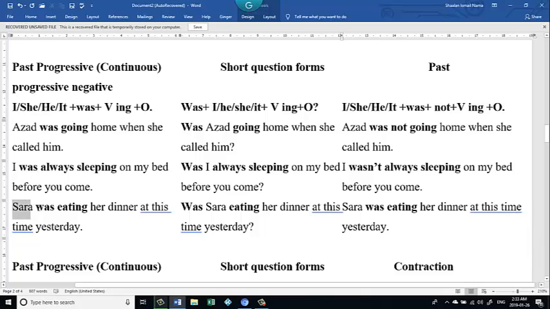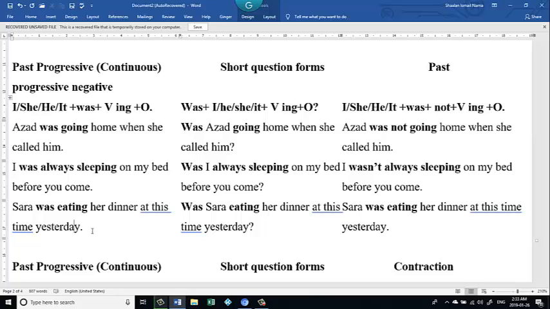If you look at the sentence here, Sarah was eating her dinner at this time yesterday. It means at this time, for example, maybe now it's 10 o'clock in the evening, then we say Sarah was eating her dinner at 10 p.m. or 4 p.m. This time yesterday. It means yesterday Sarah was eating her dinner from before 4 o'clock until 5 o'clock.